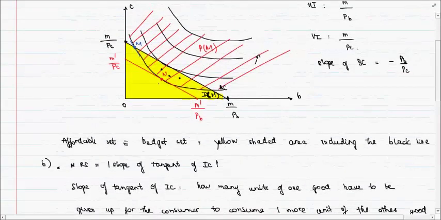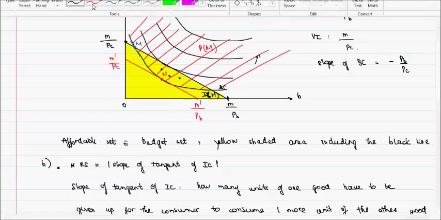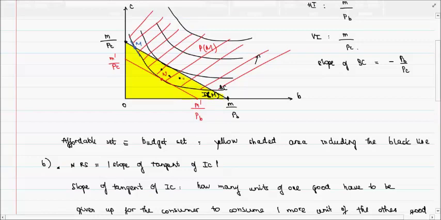Should they consume bundle N, or should they consume something somewhere like this, say bundle O?